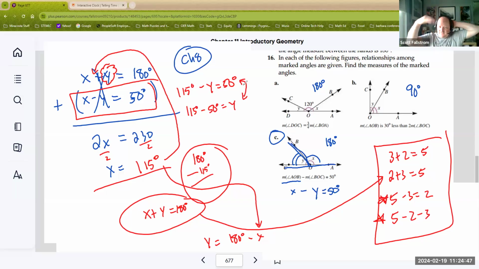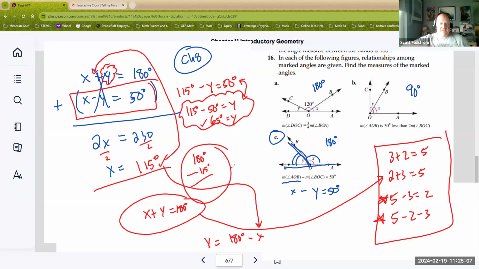You're building the foundation for the algebra, but in a sense, you don't even need to think about it. It might be quicker if you didn't. So you could get the 65 degrees, and then you can check: yes, they add up to 180, and when I subtract, I get a difference of 65.